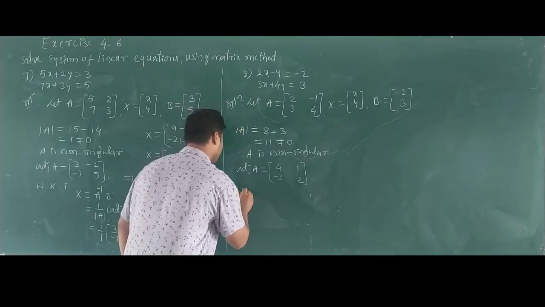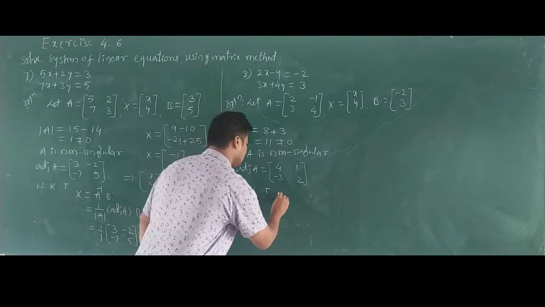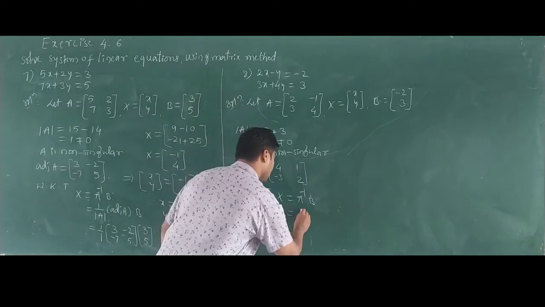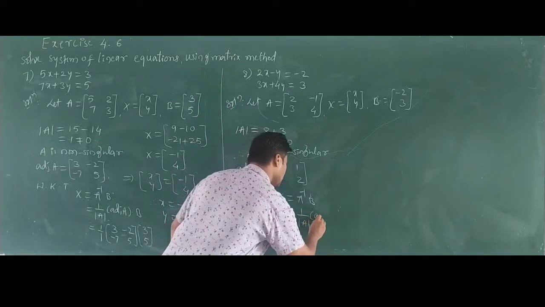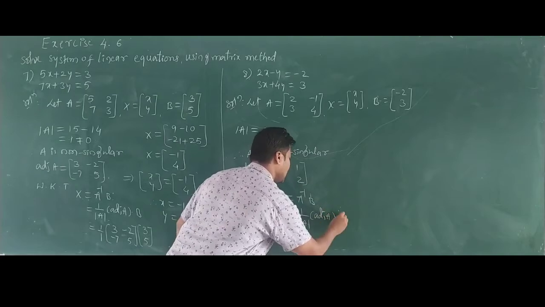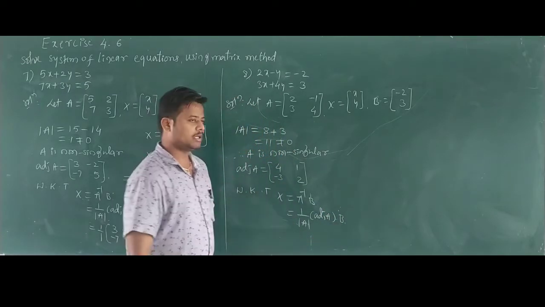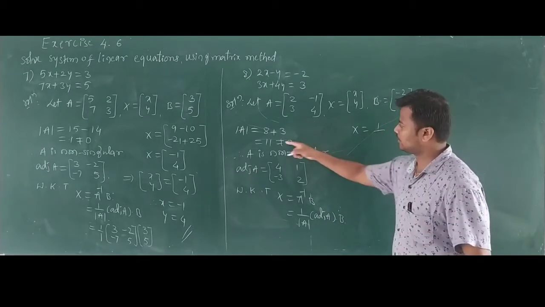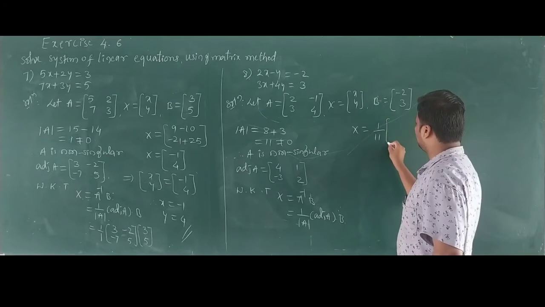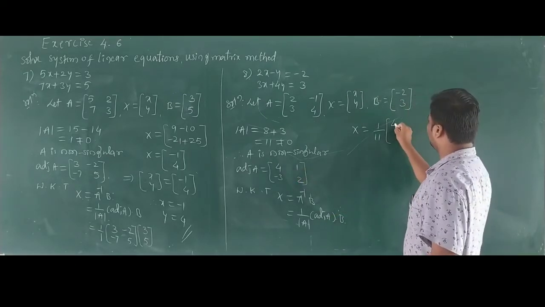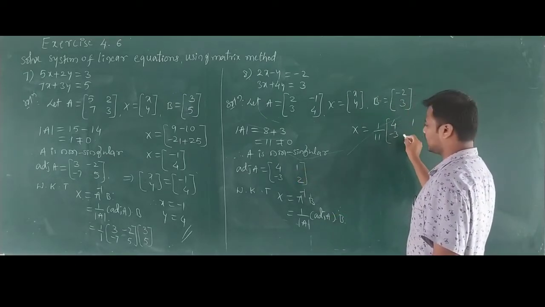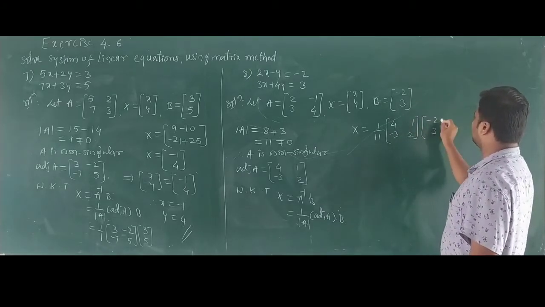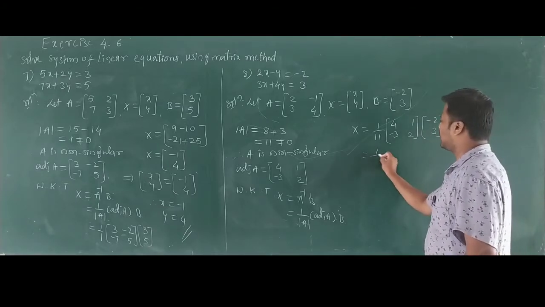We know that we have to find the value of X. X equals A inverse into B. The A inverse formula is already there: 1 by determinant of A into adjoint of A into B. So X equals 1 by determinant of A, which is 11, into adjoint of A, which is 4, 1, minus 3, 2, into B, minus 2, 3. Okay, multiply 1 by 11 again.